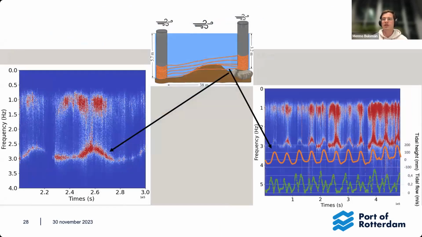Now, what's also interesting is that the flow velocity does not seem to align with these frequency oscillations, but only the water level.